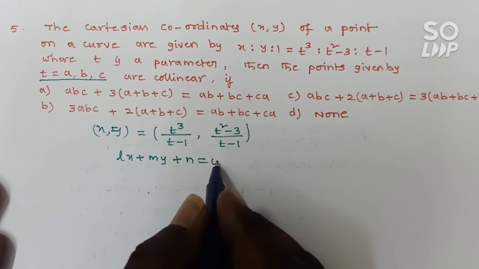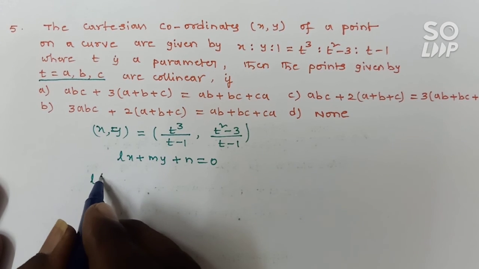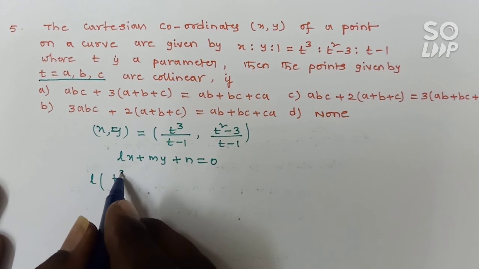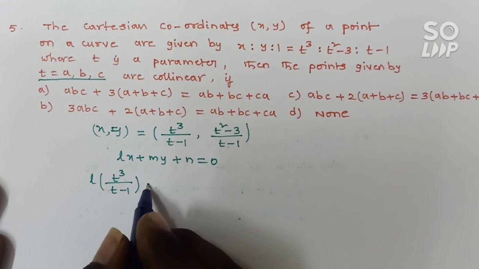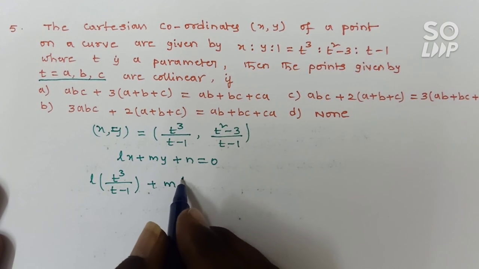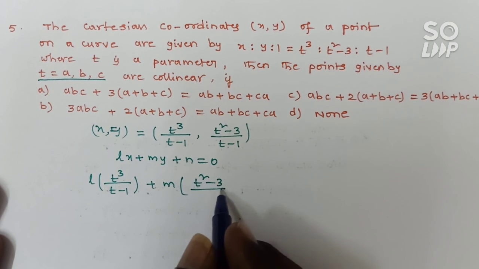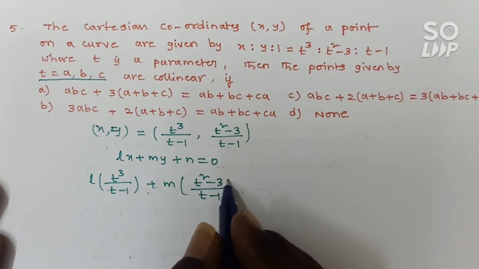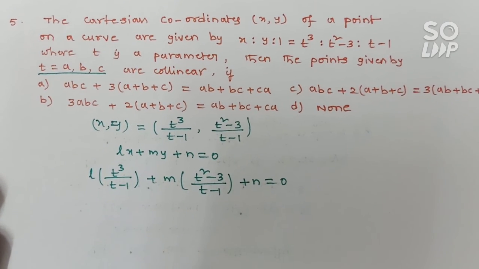Now you substitute in this one. L into the x value, t cube whole divided by t minus 1, plus m into the y value, t square minus 3 whole divided by t minus 1, plus n is equal to 0.